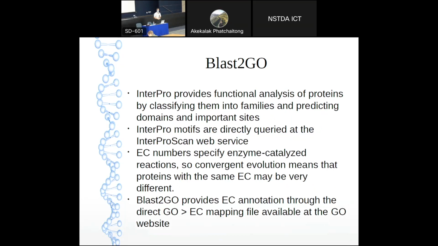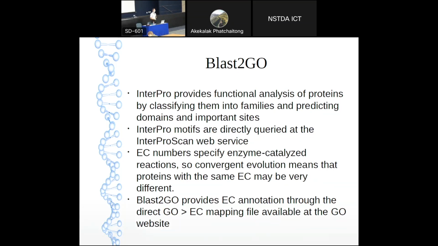Okay, so InterPro provides functional analysis of proteins by classifying them into families and predicting protein domains and important sites. The InterPro motifs are directly queried at the InterProScan website by the program. For EC numbers, these specify enzyme catalyzed reactions.